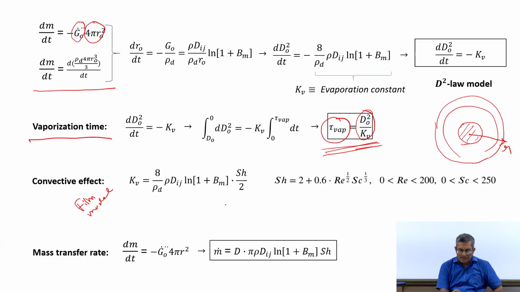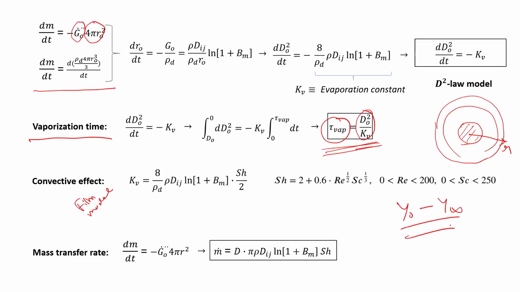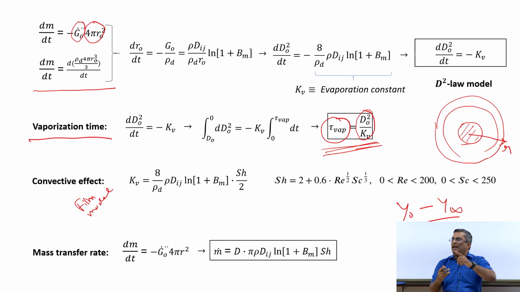So, the gradient we had earlier was smaller because this change took place over a longer distance, but when you have convection, this change takes place over a shorter distance. That is why the gradient is higher, and this is the reason for higher evaporation.